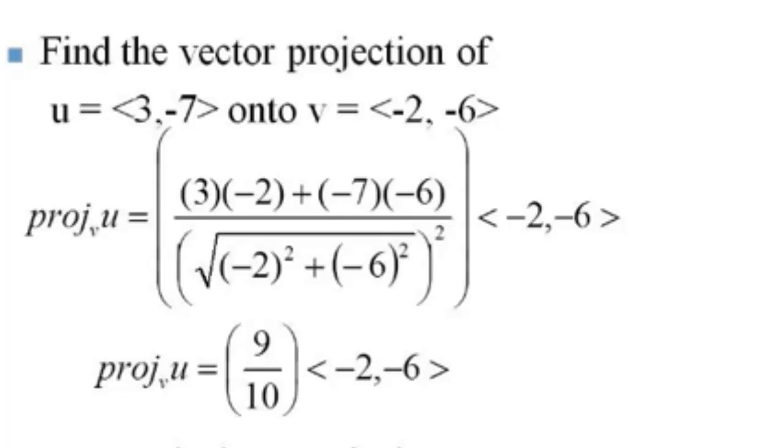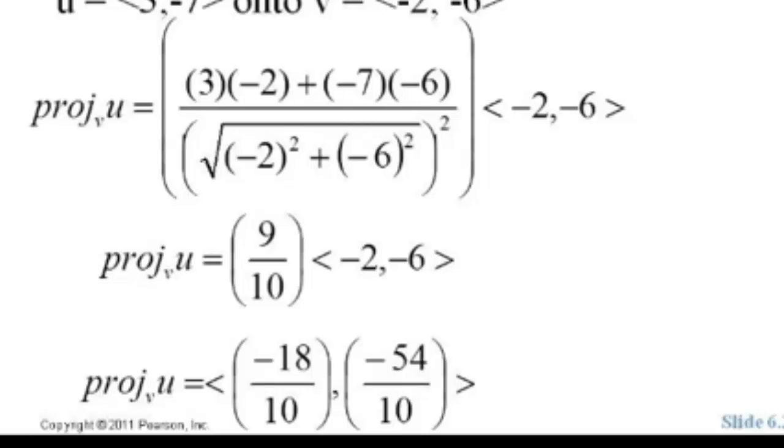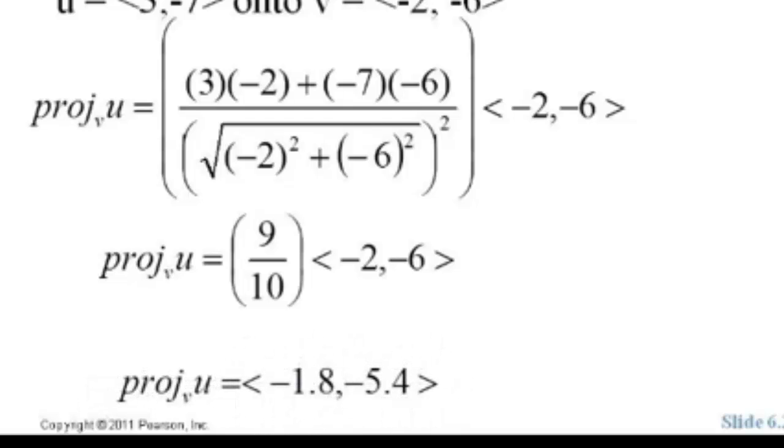We get 9/10 times -2 and 9/10 times -6. Multiplying our fractions, we get -18/10 and -54/10. And dividing, we get the projection of u onto v is the vector -1.8, -5.4.